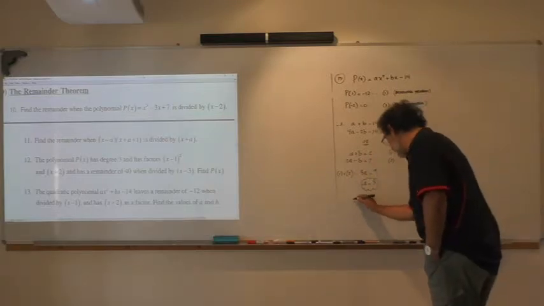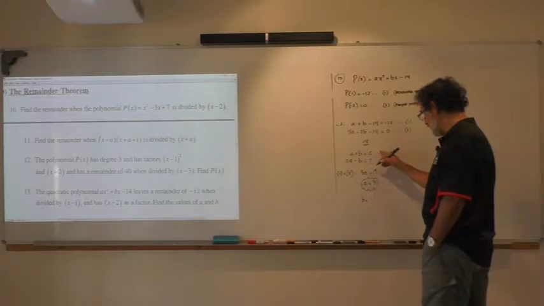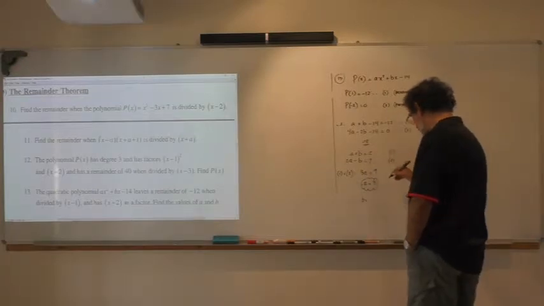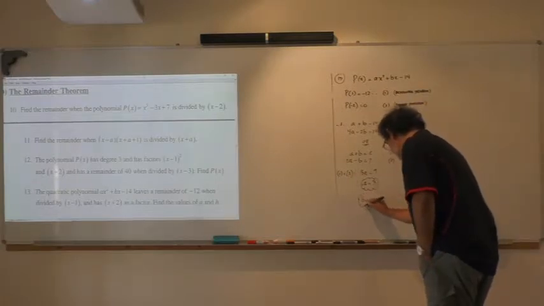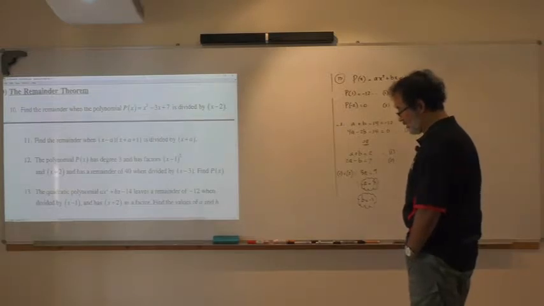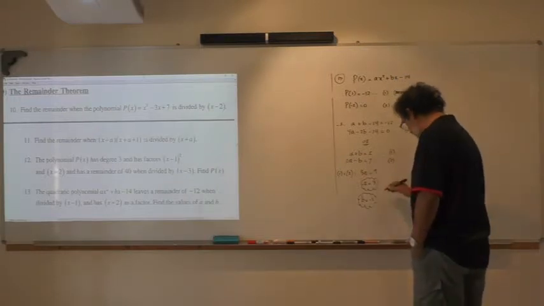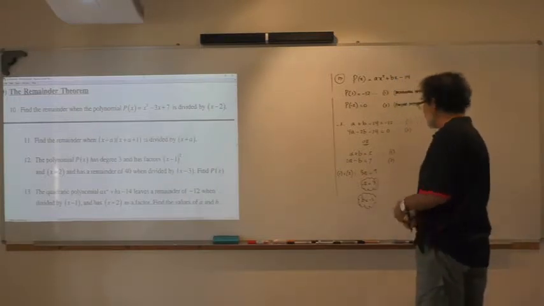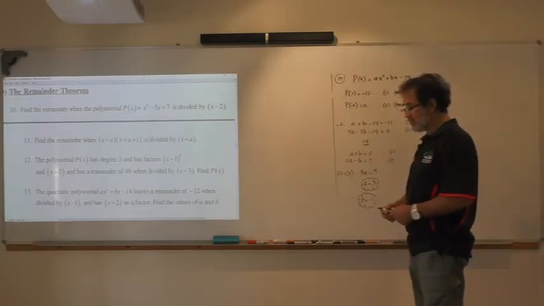So therefore b is equal to 2 minus 3, which is negative 1. That is what we have to do for question 13: find the value of a and b. So it's all done.